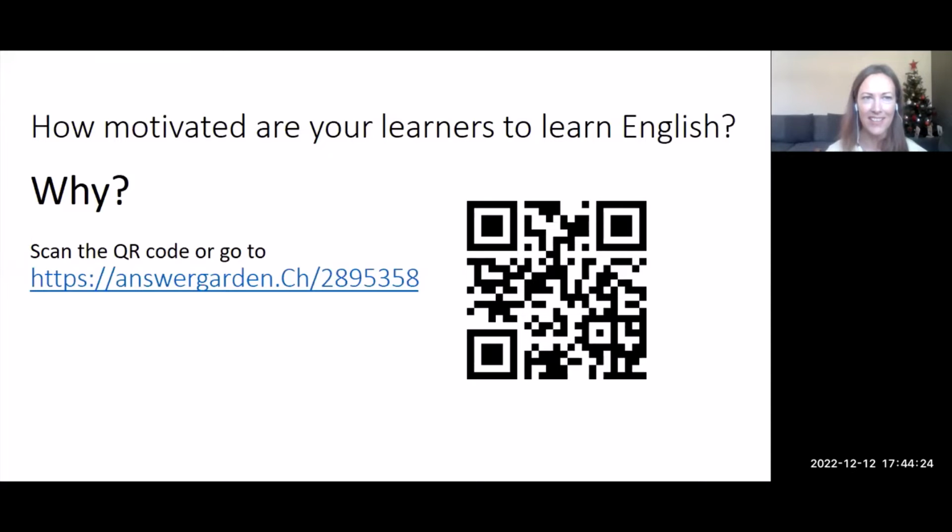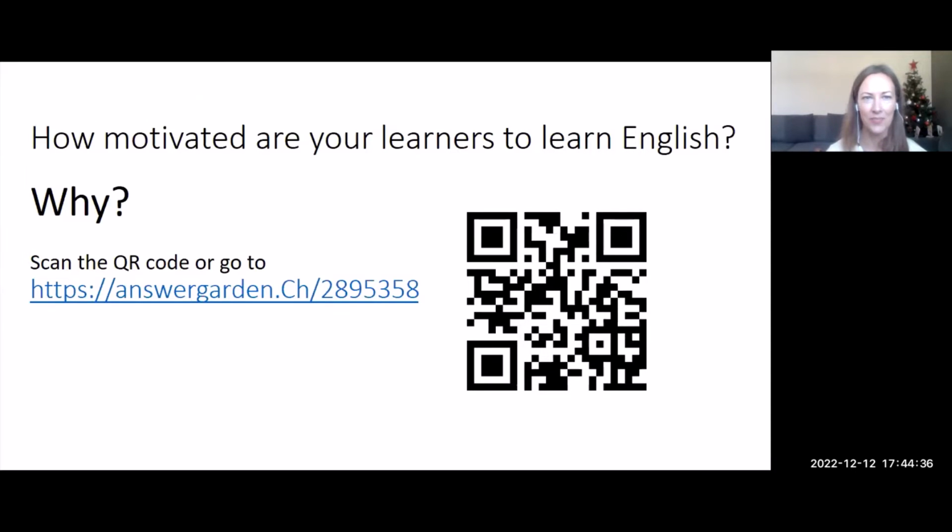So you can go into the answer garden and give your reasons. It's quite a short answer. So just a couple of words to say why your learners are motivated or not. And don't worry, this is completely anonymous, so no one can see what you've written. So I'm looking for reasons here.